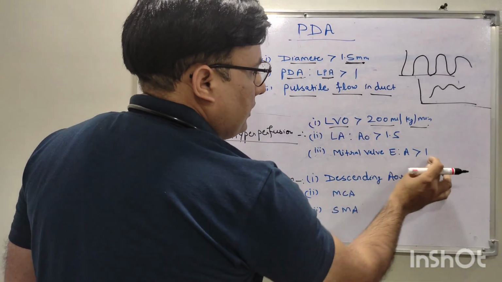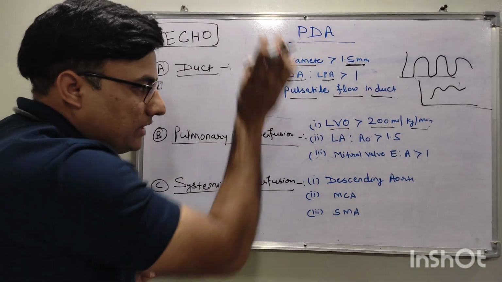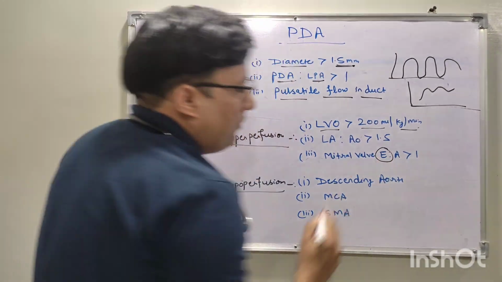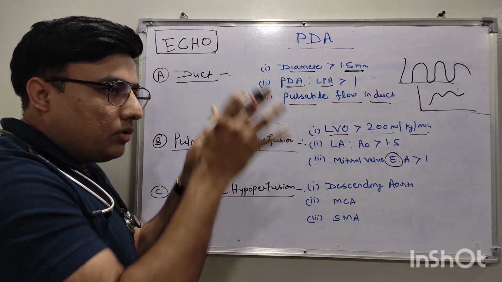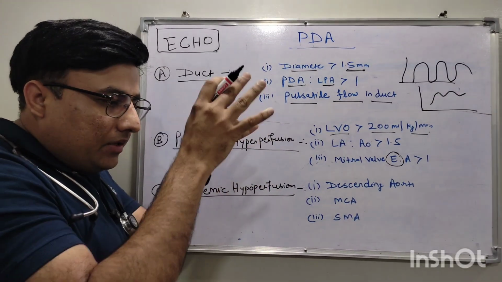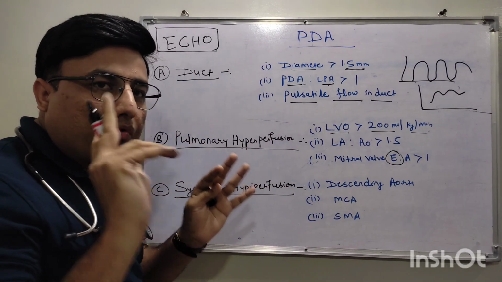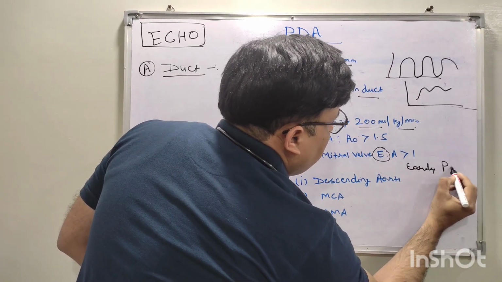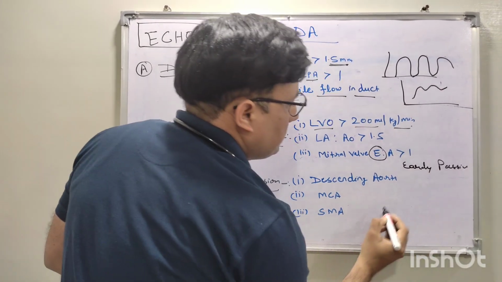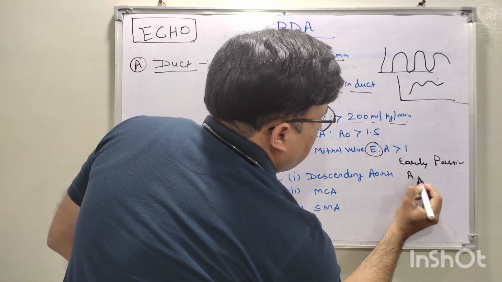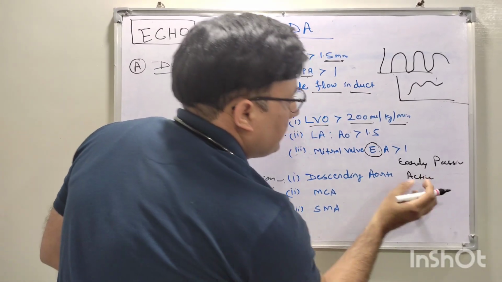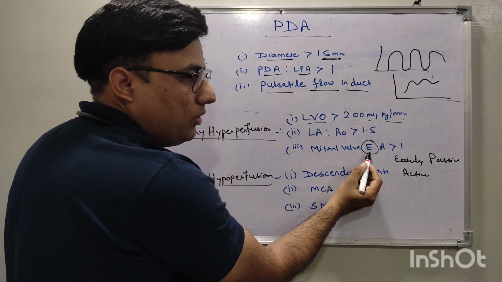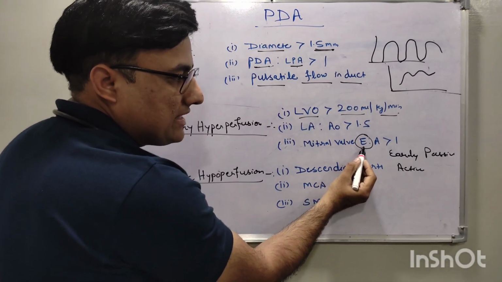Third is E/A ratio more than 1 through the mitral valve. What is the E/A ratio? During diastole, ventricular filling has two phases. First is the early and passive phase. Second is the active or atrial phase. During the early passive phase, ventricular filling happens passively.